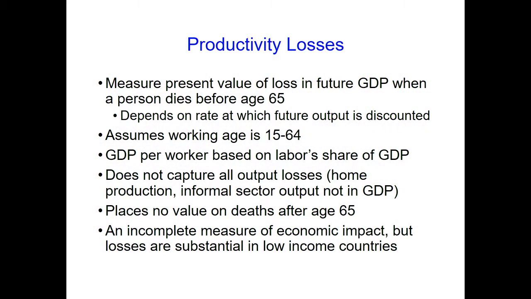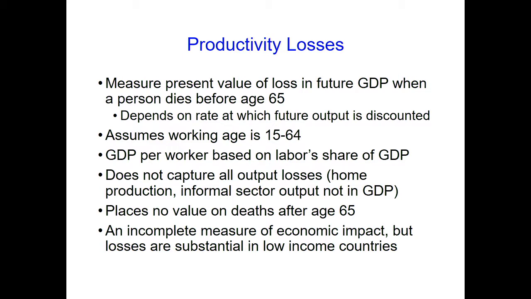What we measure here are the present value of losses in future GDP when somebody dies before the age of 65. We treat working age as 15 to 64, which is a standard definition in the international literature. Clearly, the present discounted value of future losses depends on the discount rate you use. So I'll mention what rates we use in a minute when we look at the results.